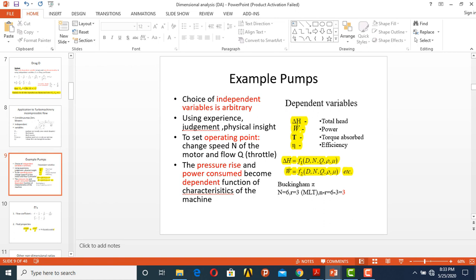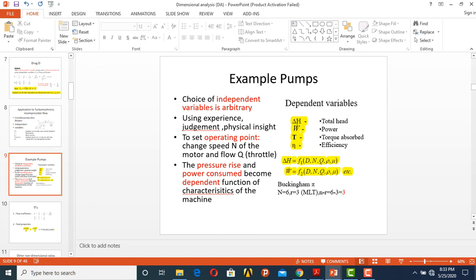So we subtract the number of basic variables from the total number of variables. The number of basic variables in this case is 3. The total number of variables involved is 6. When you find the difference, you get 3.